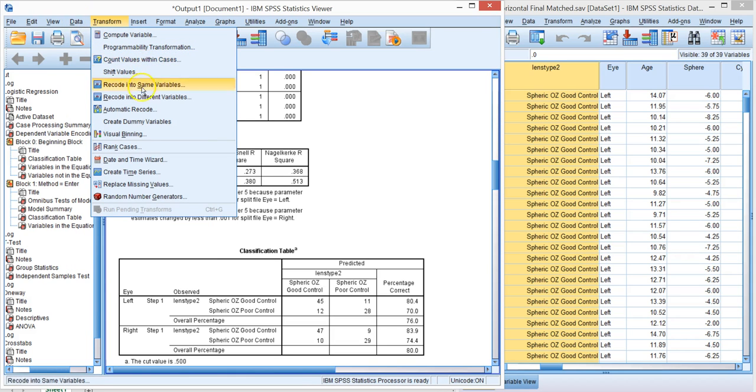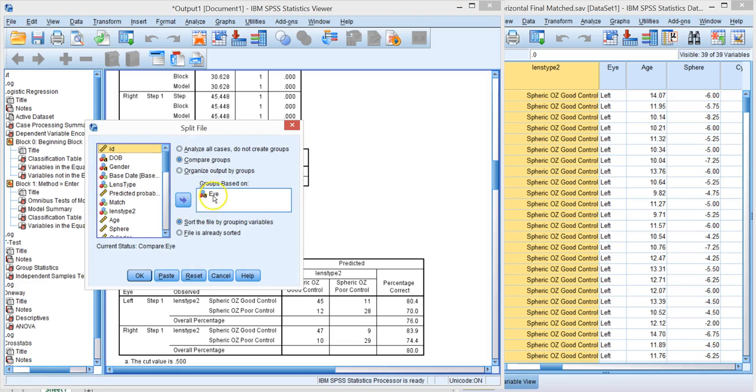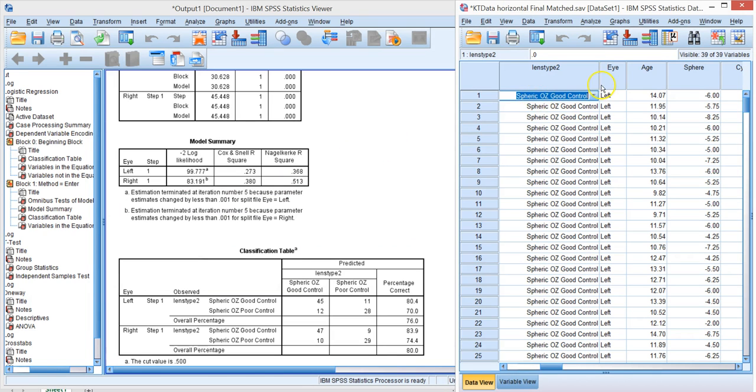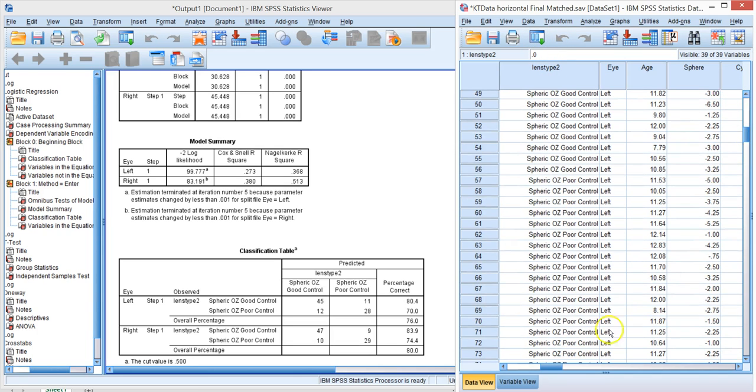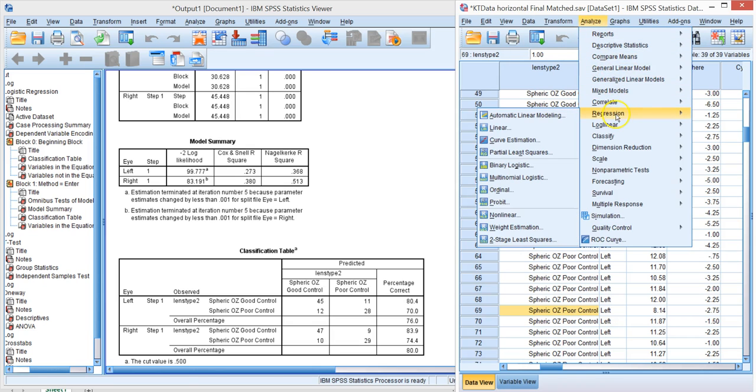Since the eyes are not independent, we're going to run the analysis twice, basically replicate the study for each eye. And finally, our outcome measure, we can see spherical good control is a 0 and poor control is a 1. So that's going to be our binary outcome variable for our logistic regression.